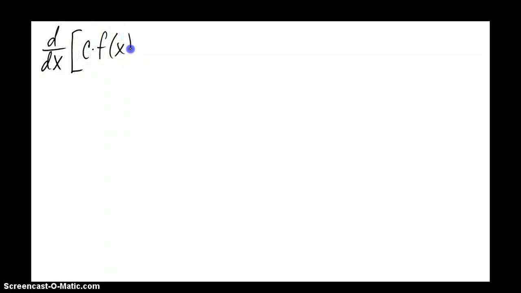Okay, the next theorem: the derivative with respect to x of c times f of x, where again c is just a constant value. So the derivative, c remains, that's our coefficient, and we just multiply that by the value of the derivative.